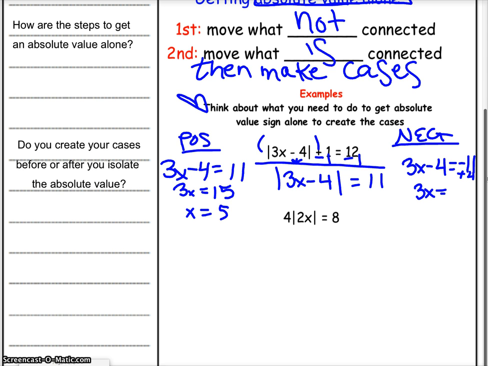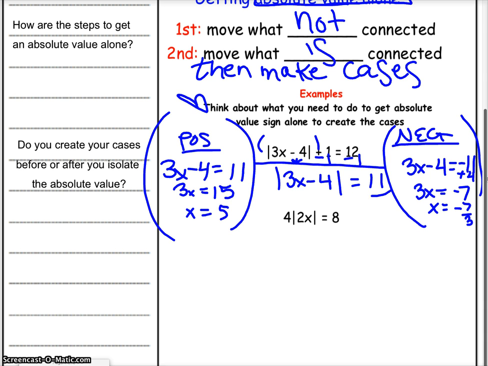If I add 4, so what would that be? Negative 7. X equals negative 7/3. Now typically, this and this would go under here. I create that T-chart. That's where that would go. I just didn't have room.